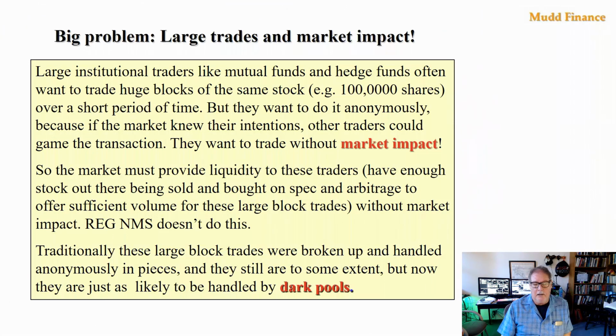If you're trying to unload an enormous block of General Motors, then the very fact that you're trying to do that can drive the price of General Motors down, and that of course works against your interests if you're a pension fund or a mutual fund trying to protect the rights of your investors. If you're a small retail trader and you get some sense that this is happening, you might actually take advantage of it. So we'll conclude with that and come back in class and pick this up with an explanation of dark pools.